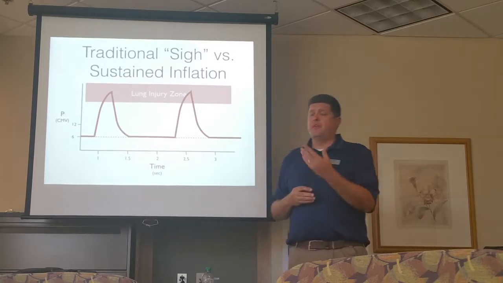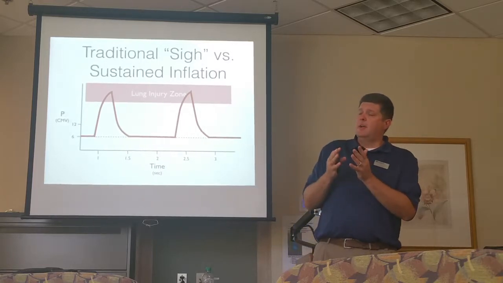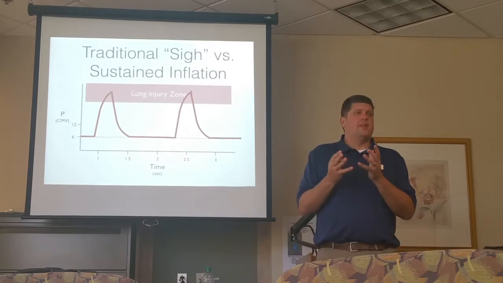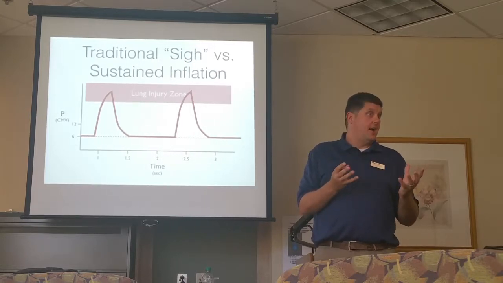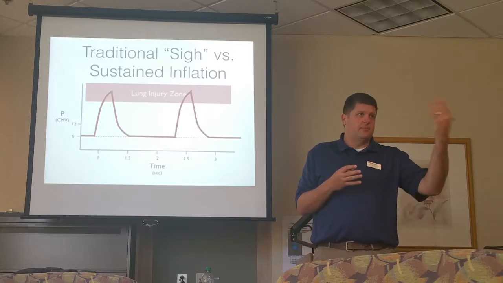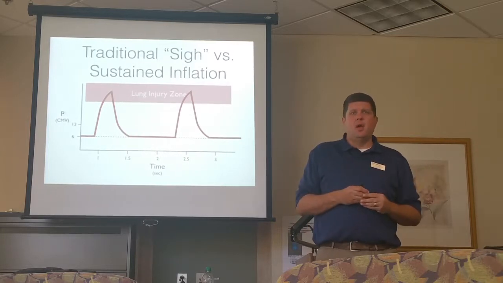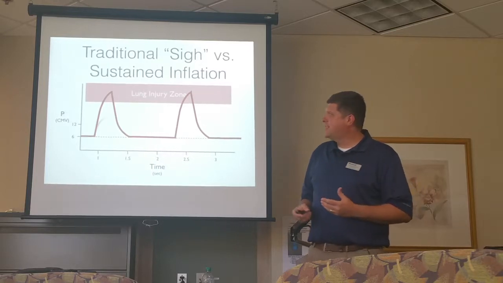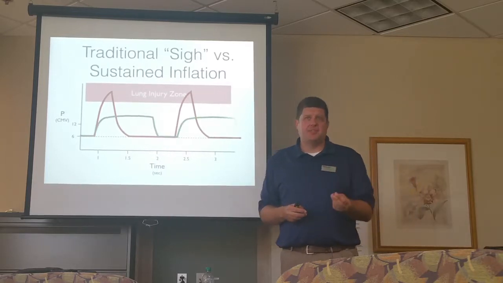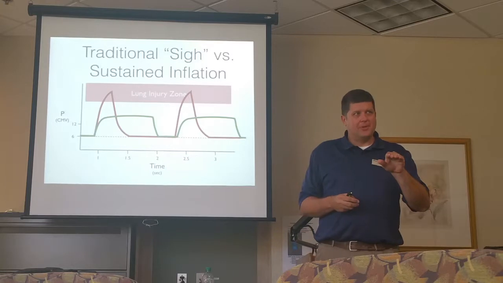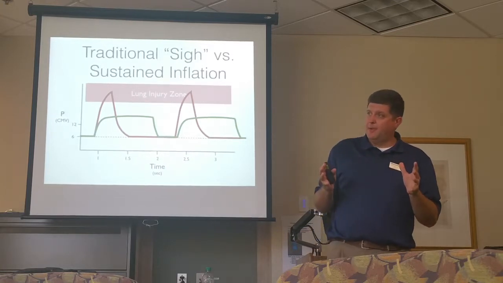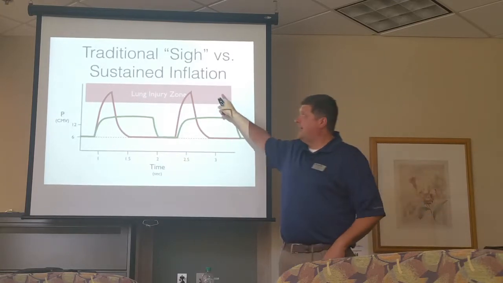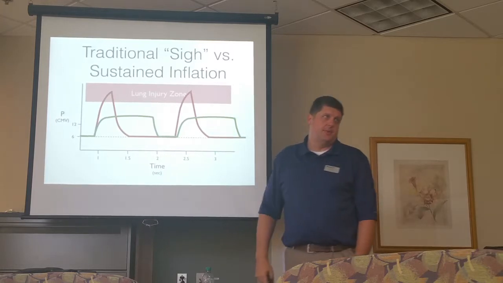On your conventional ventilator, a lot of facilities will stick with their 0.35 or 0.4 second TI and deliver a high PIP with that. What's actually more gentle for the lungs is, instead of a high pressure fast, a lower peak pressure over a longer period of time, because then we're not getting up here to the lung injury zone.